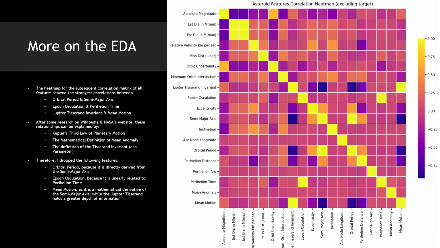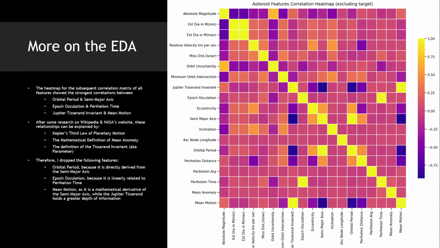So I did some research on Wikipedia, but also NASA's website, and found that these relationships can be explained by Kepler's third law of planetary motion for the first one, the mathematical definition of mean anomaly for the second one, and then the definition of the Tisserand invariant, which is also called the Tisserand parameter, in itself.